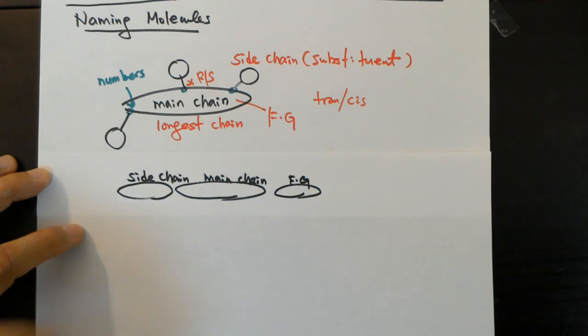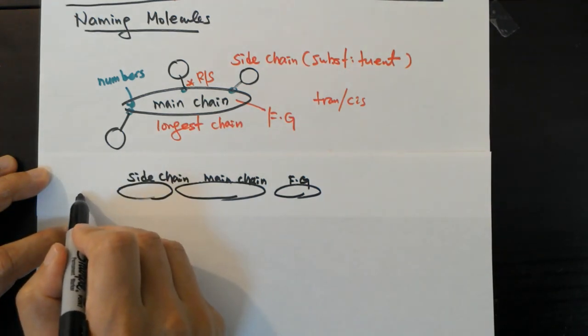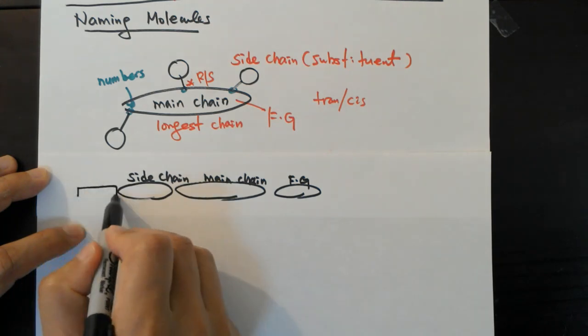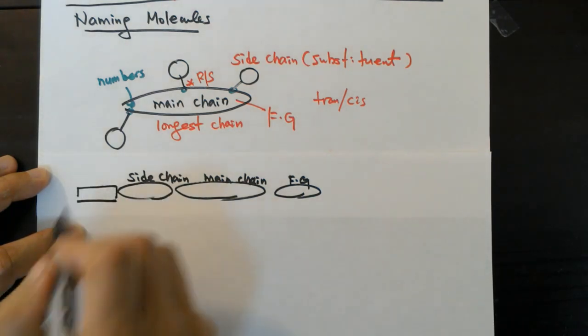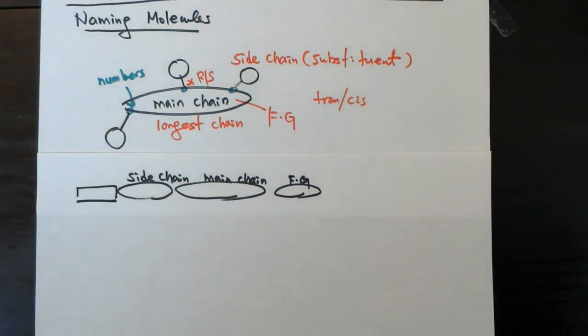And all other isomerization and configuration and such information goes in front with the numbers. So let's begin with a few representative information.